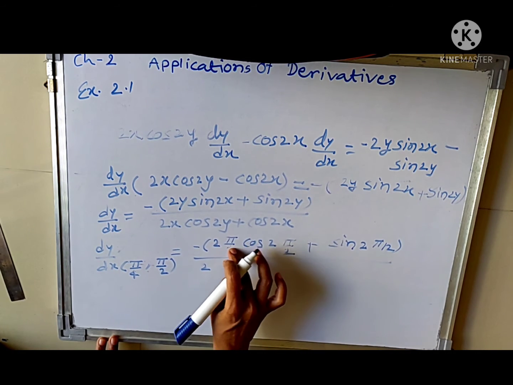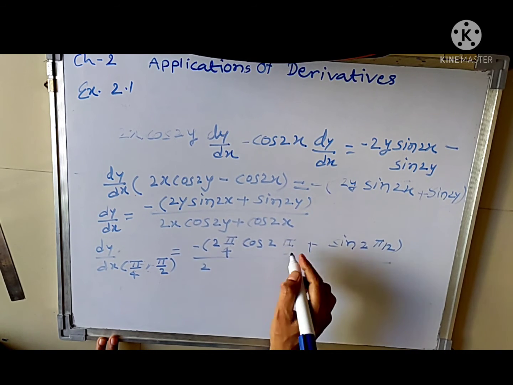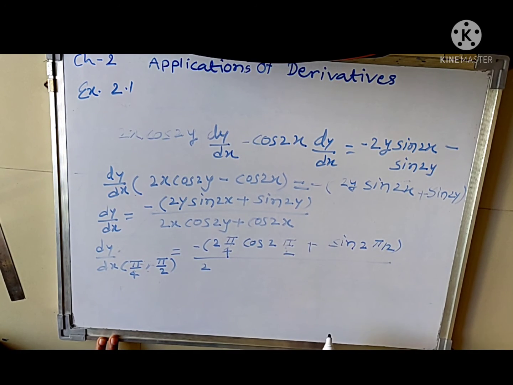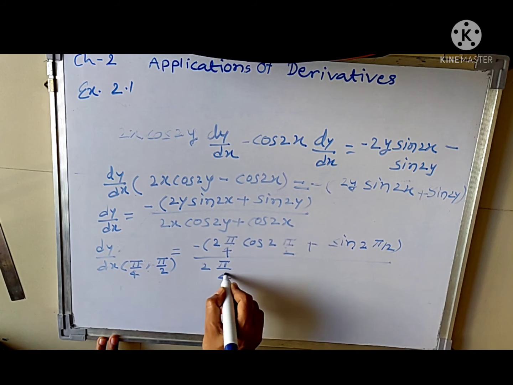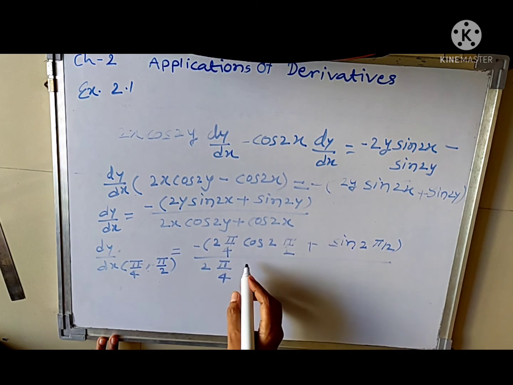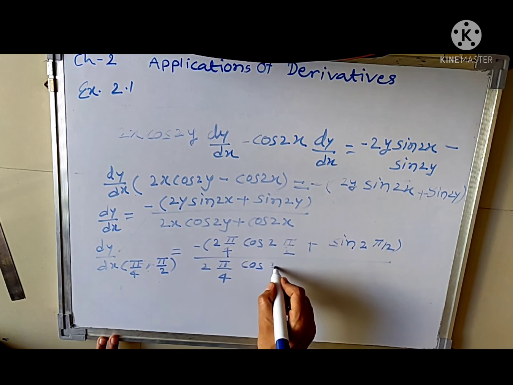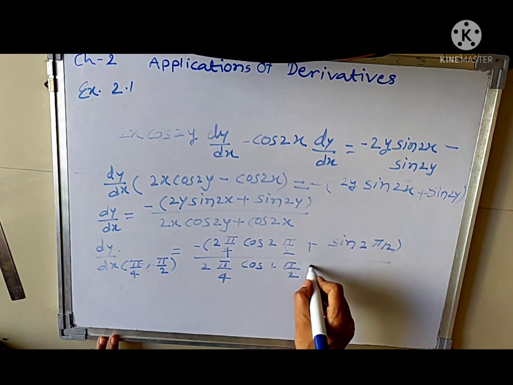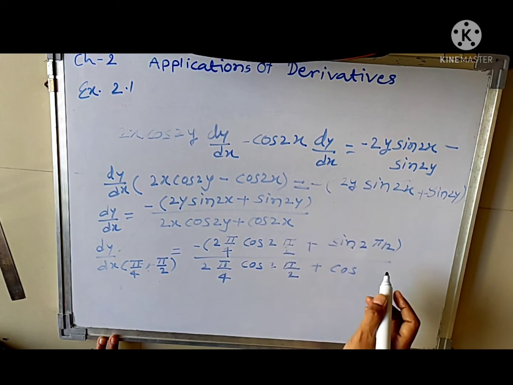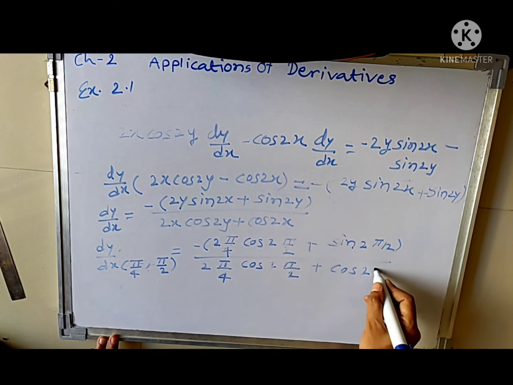Sorry, here is pi by 4, here is pi by 2, and here 2x, x is pi by 4, cos 2y, pi by 2, plus cos 2x, x as pi by 4.